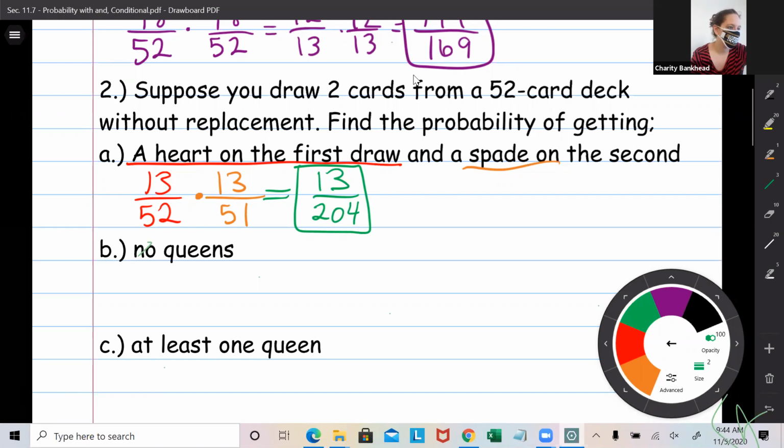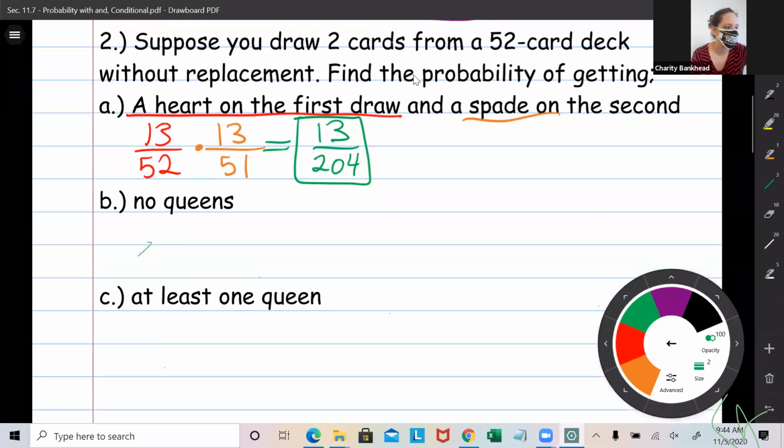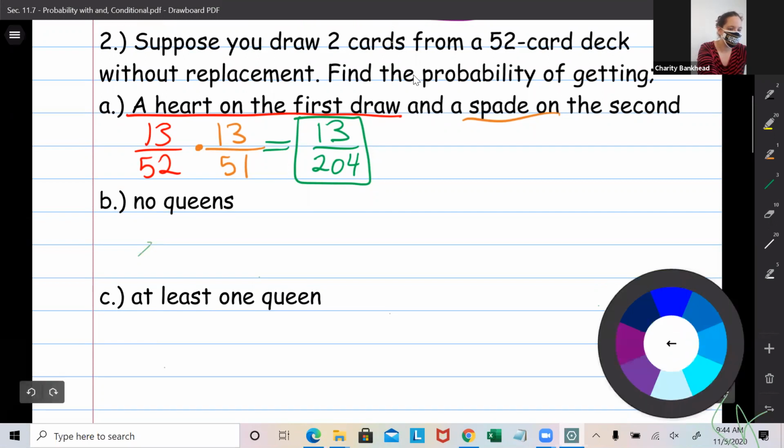All right. And then the probability of getting no queens. The probability of getting something that is not a queen the first time is 48 out of 52. Then you take a card that's not a queen and you have it in your hand.